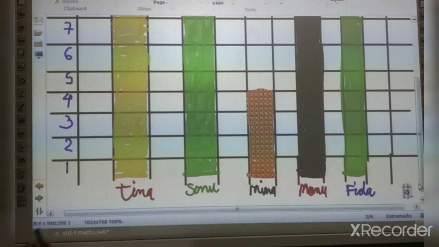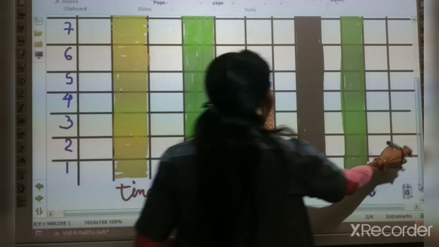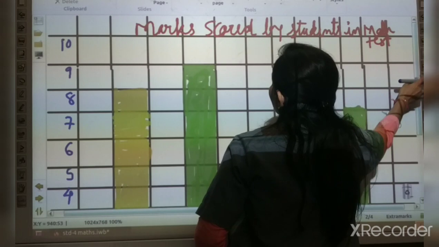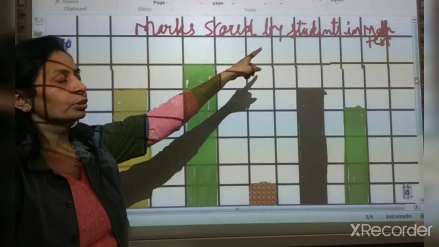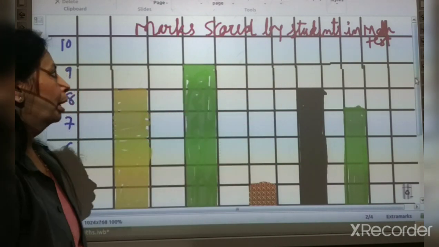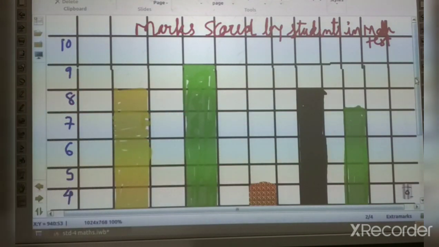So first, look at the bar graph properly. Some questions are given. First, what is the title of the bar graph? It is marks scored by students in the maths test. Now second question, what does the horizontal line show?